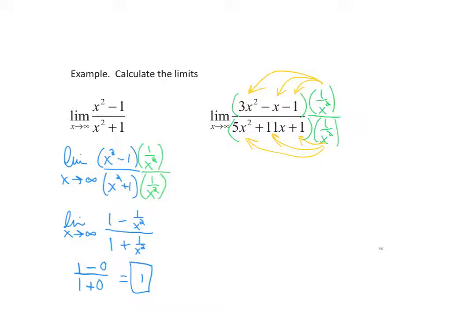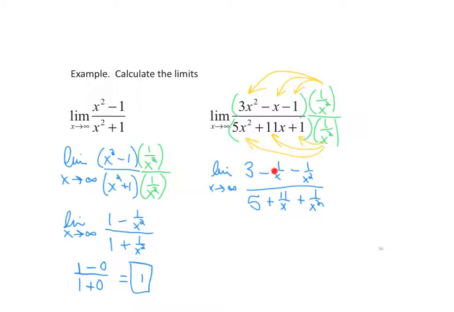Once you do that, what you should get is limit as x approaches infinity of 3 minus 1 over x minus 1 over x squared over 5 plus 11 over x plus 1 over x squared.